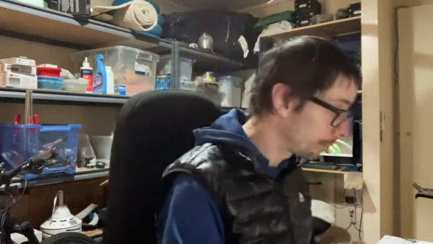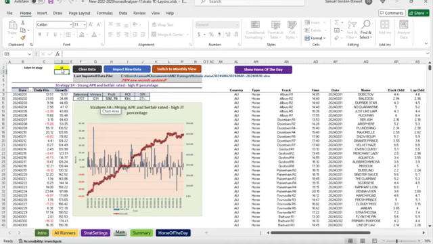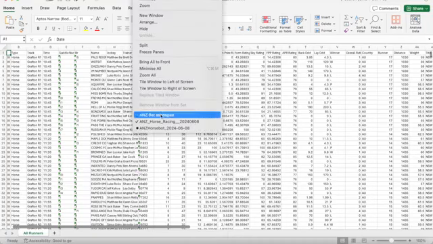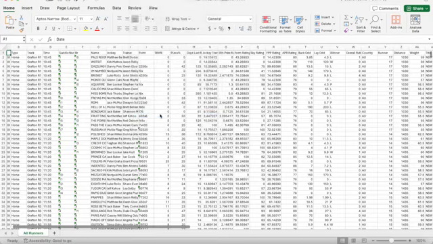I can show you an example of that, in fact, with my strategy 17. I'll just give the system a moment. I think it's my strategy 17. While that's loading, let me check that's the one I want.